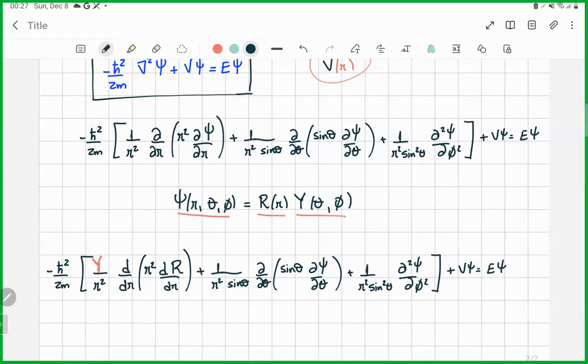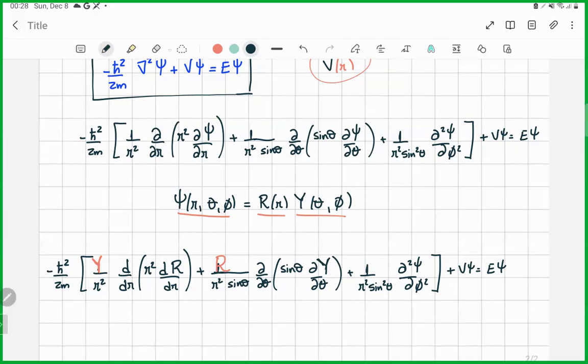Good. Now let's go to the next term. Again, the same thing. We are going to write this psi with R and Y, but R is function only of r, does not depend on the angles. So we are going to put it out here. This function R is out. And inside the derivative, we will have just the Y. And well, the derivative remains partial because the Y depends on two variables, theta and phi.